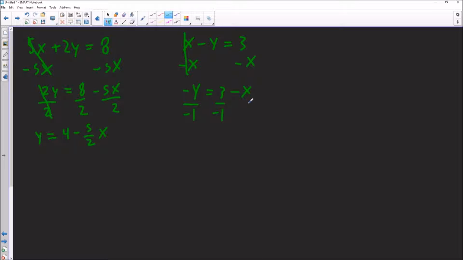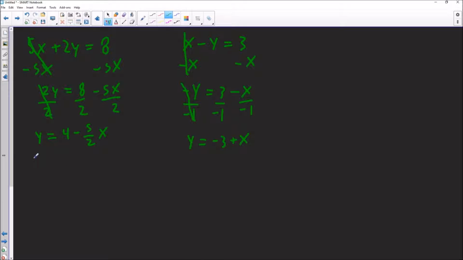So that cancels out the negative. So we have y is equal to negative 3, because it's 3 over negative 1, so positive over a negative is a negative. Then we have negative x over negative 1, negative over negative is a positive, so we have plus x.